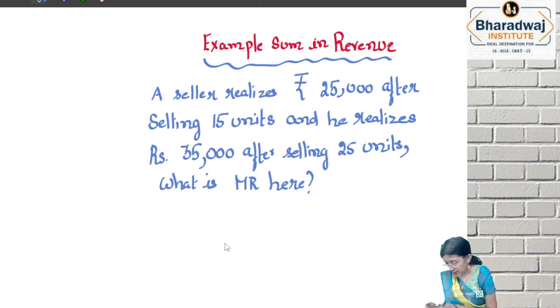Yes. Now, what is the question? A seller realizes 25,000 rupees after selling 15 units. And he realizes 35,000 after selling 25 units. What is MR here? Please go back to the similar cost example we did.